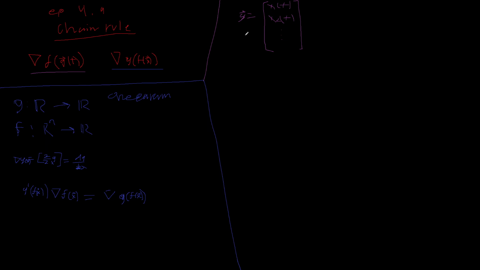The big thing here is to remember this: if we have d over dxi, let's think about what one point is. Nabla f is going to give us the derivative for every xi in g.